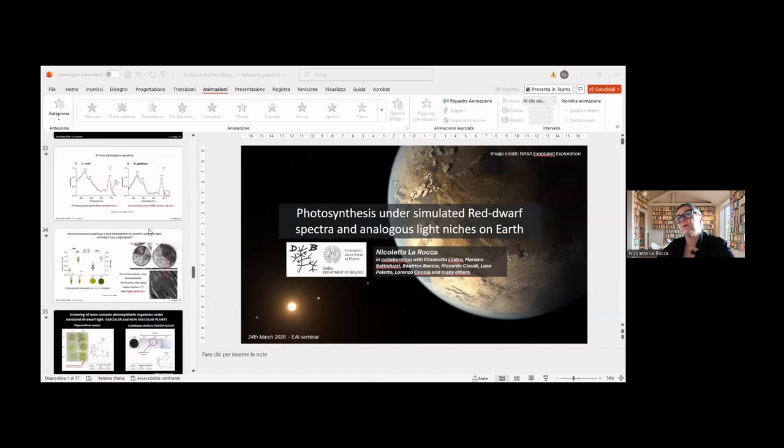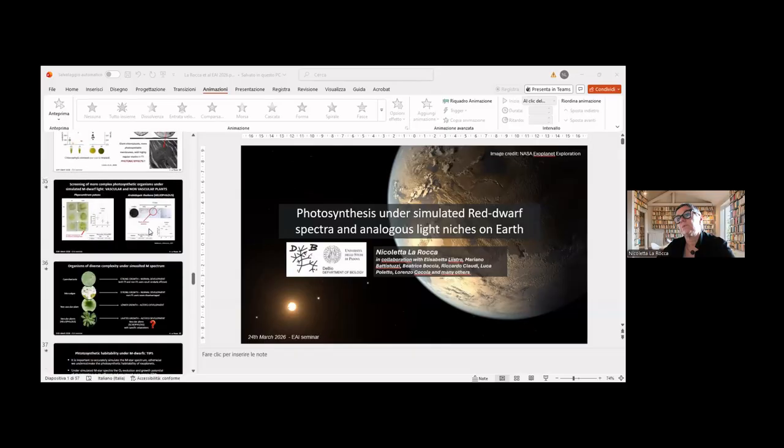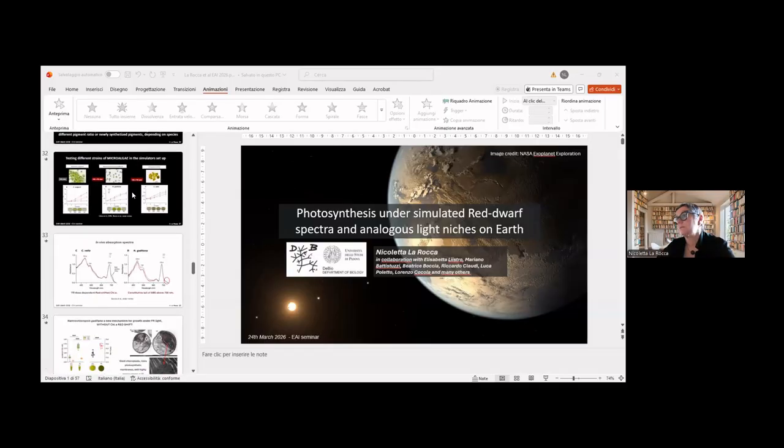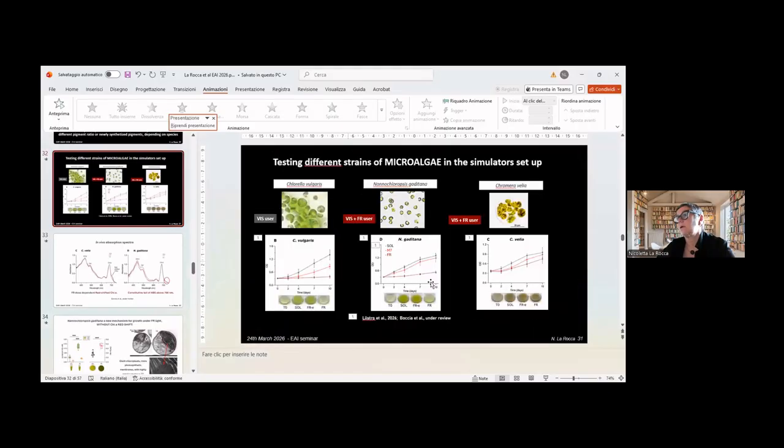Let me share my video again. In Nannochloropsis gaditana, an alga that is able to use infrared light, but less efficiently than Chromera velia, which you can see here can grow much faster under infrared light than Nannochloropsis gaditana, we observe a very fast growth under the M-dwarf spectrum.